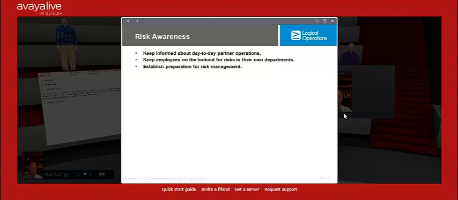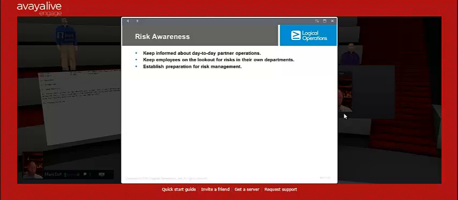Threats can come and go, and new vulnerabilities can emerge, and older vulnerabilities can become less vulnerable, and it's a dynamic landscape. So you need to stay tuned to what's going on between you and your partners, and assess any potential risk issues associated with that.